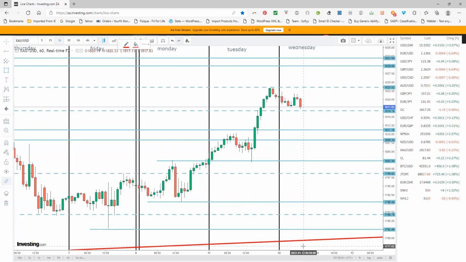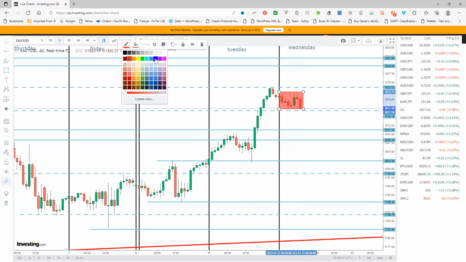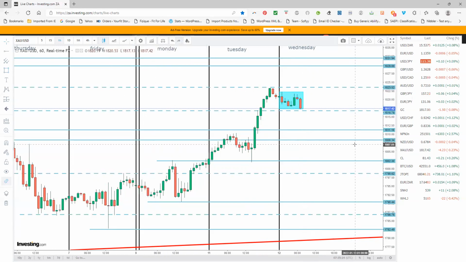If I go to 8, that's my 8 hours. That's where my 8 hours are going to end, so that's basically where the Asian range is going to close. I calculated the candles, and then I could tell that it's the range of the Asians. So that is the Asian range.